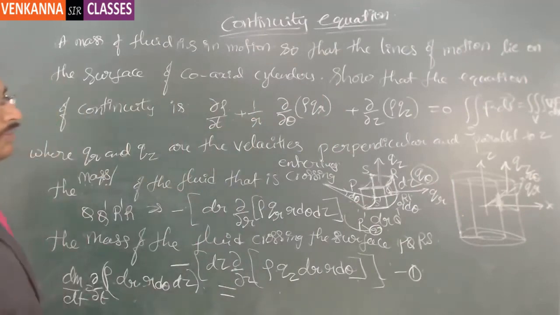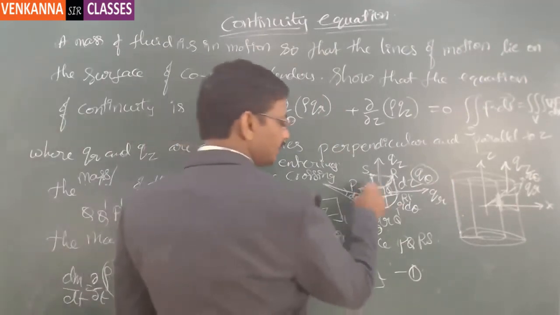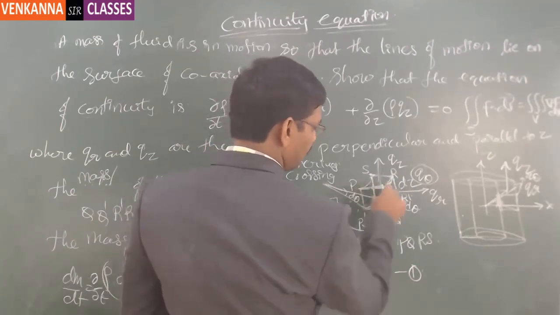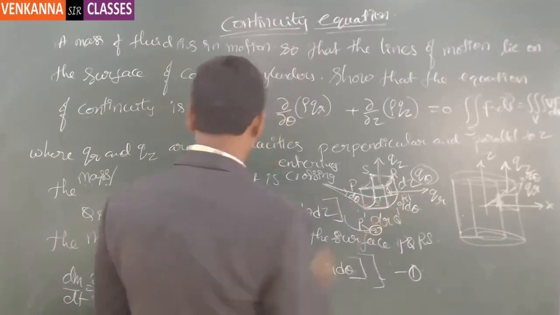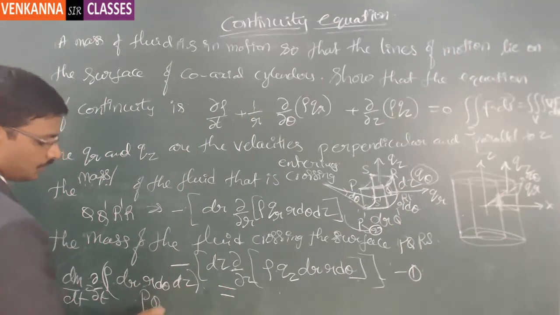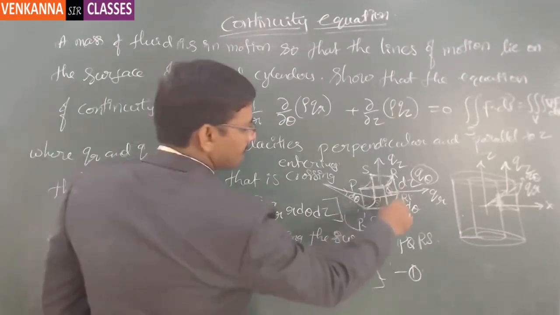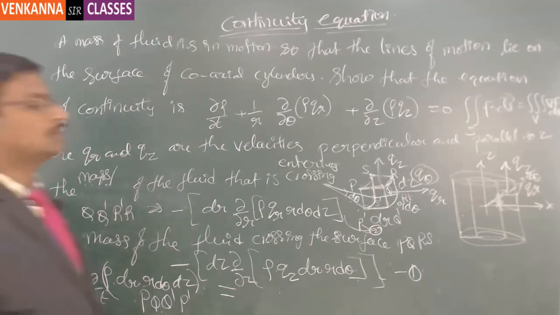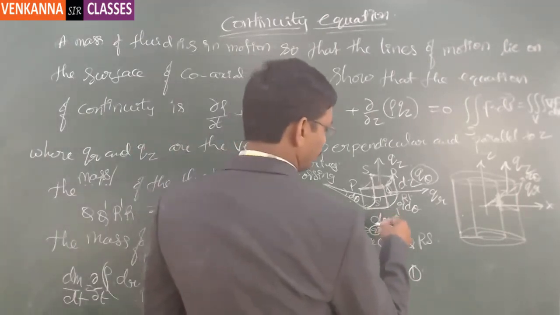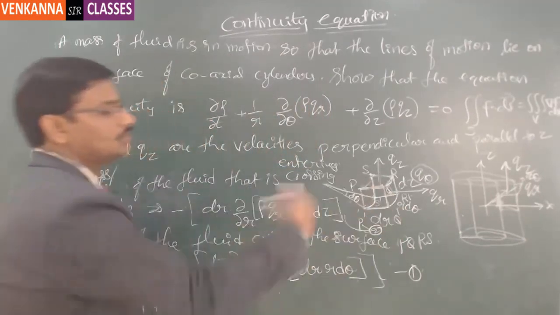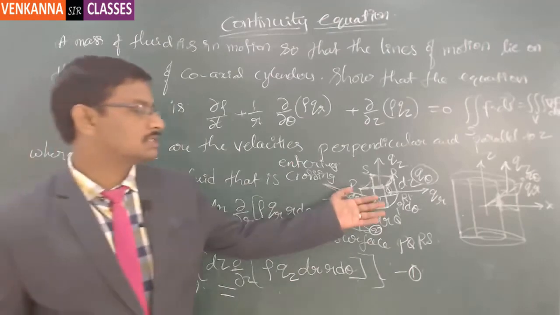If it is Q_theta, then the mass of the fluid crossing this particular surface, PQ, Q dash and P dash, this surface you need to consider, and identify the mass of the fluid crossing it.